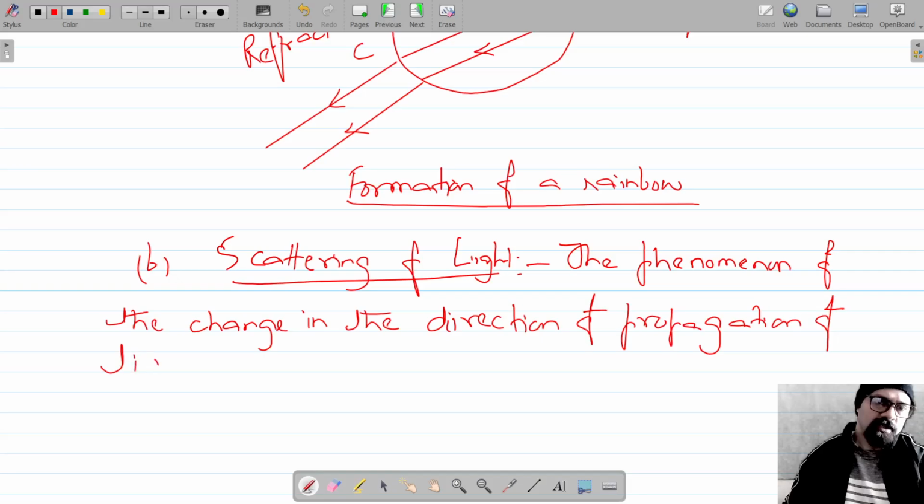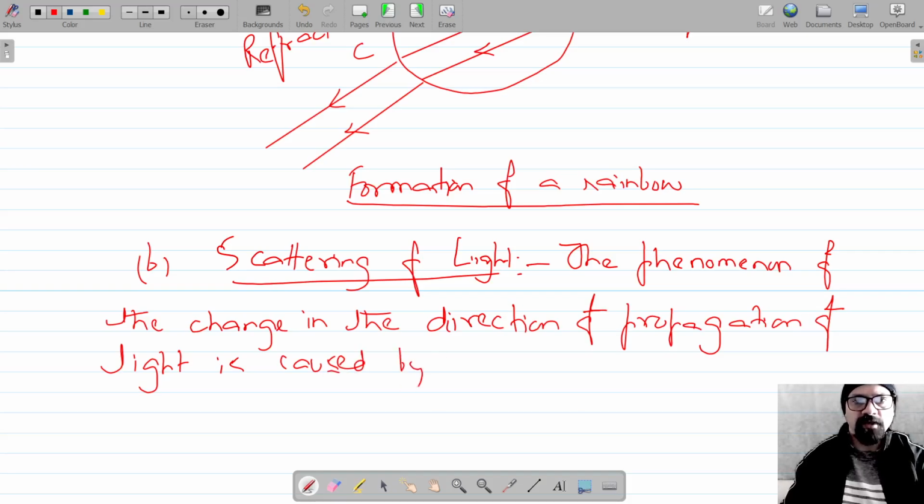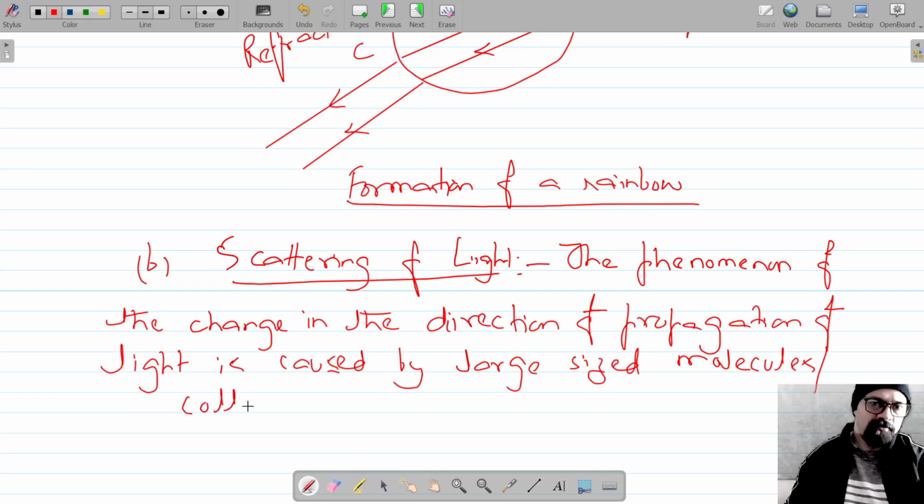And this change in the direction of propagation of light is caused by particles of large size, that is, the large sized molecules or the colloidal particles that remain suspended in air. So this is what is scattering of light.